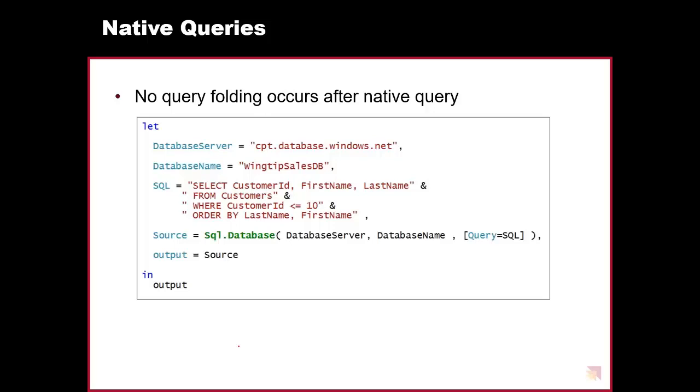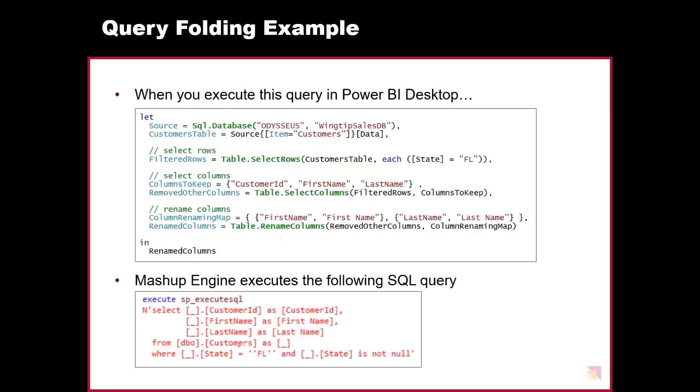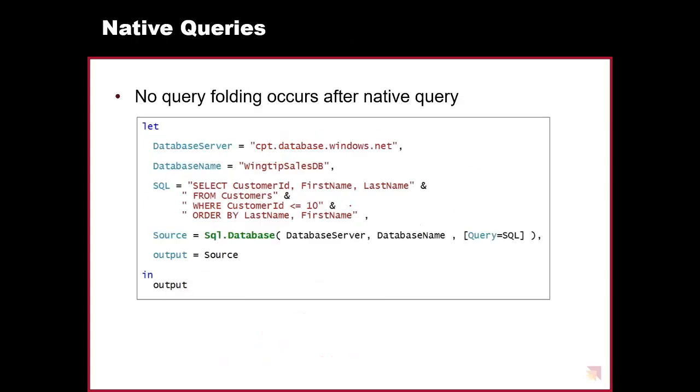Okay. Now, it's also possible for you to write native queries. If you write a native query, you're never going to get any query folding. If I go back to the last slide, note that here we're saying source items, and here I'm basically saying there is a table. Over here, we're pushing in a raw SQL statement. So if you have a native query, it will never do query folding.